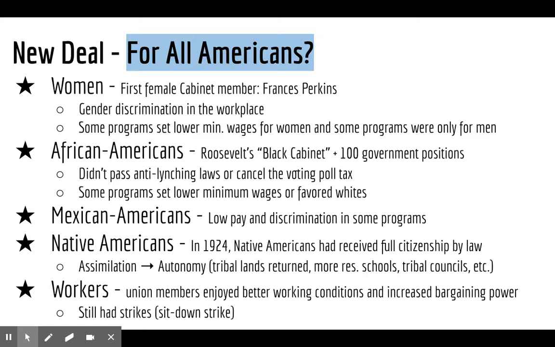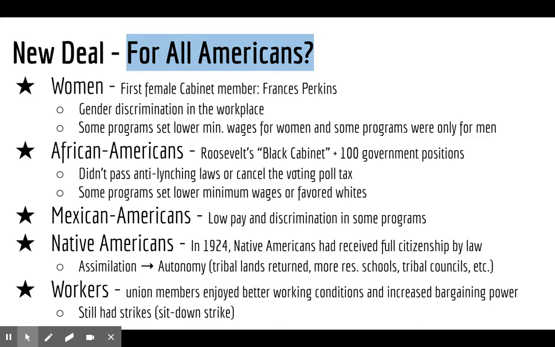But the big thing that was happening during the Great Depression, during the New Deal, was a big shift from assimilation to autonomy. Assimilation means you make everyone look the same. You force everyone into the same culture. If you remember, the last time we talked about Native Americans, they were being forced to assimilate. Anytime a Native American was pushing back, they were met with violence and trouble.